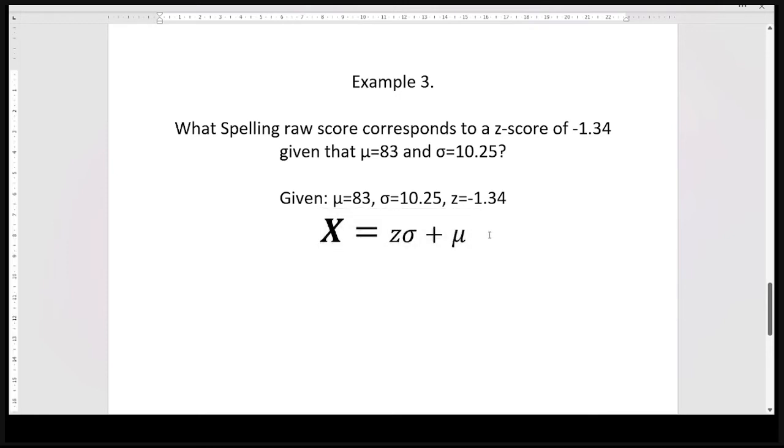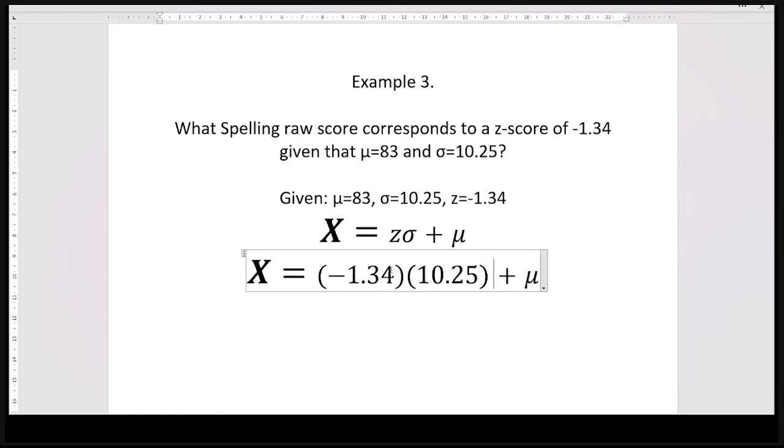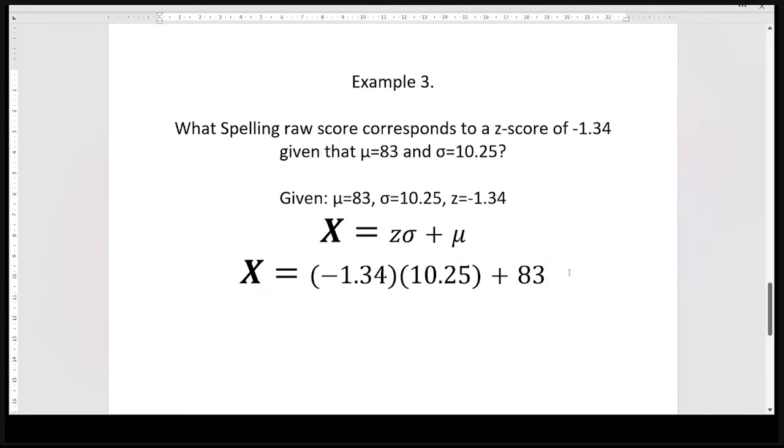We have, what's the given z-score? It's negative 1.34 multiplied by the given population standard deviation, which is 10.25, plus the population mean, which is 83. Let's use our calculator. Okay, the raw score.